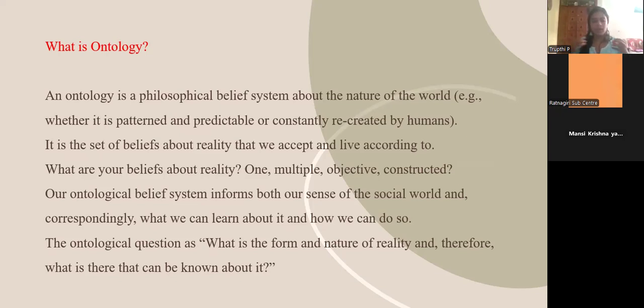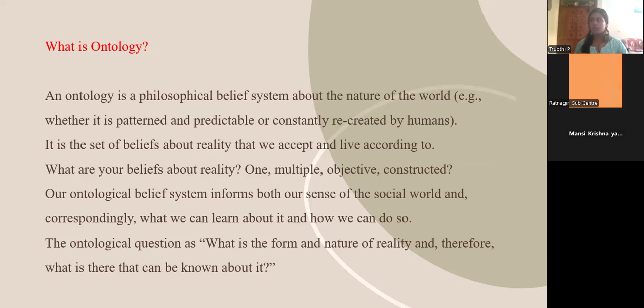Now, our ontological belief system informs both a sense of the social world and correspondingly what we can learn about it and how we can do so. The ontological question is: what is the form and nature of reality, and therefore what is there that can be known about it?